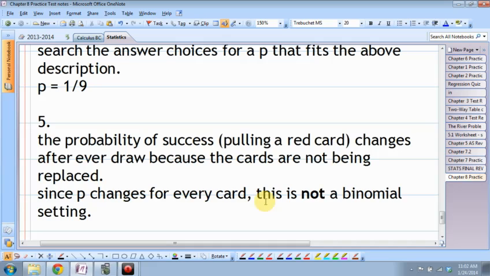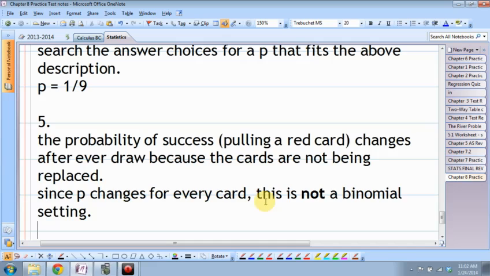That's wrong. We know it's not a binomial distribution. B is a binomial distribution with n equals 40, provided that the deck is shuffled well. Even if the deck is shuffled well, those probabilities are going to change. So that doesn't really do anything.